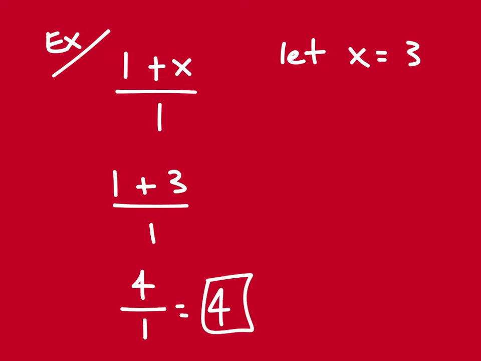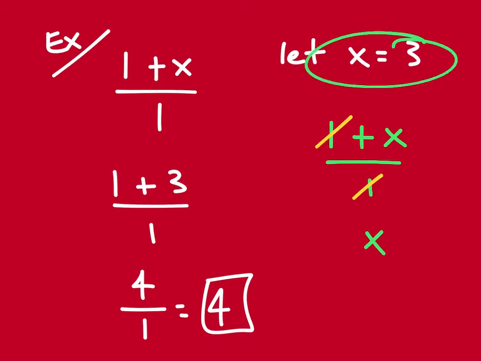So when you substitute a number into an expression and evaluate it, that's what you get. But if you said 1 plus x over 1, divide out the ones, and you're simply left with x, and you substitute 3 in for x, you get 3.